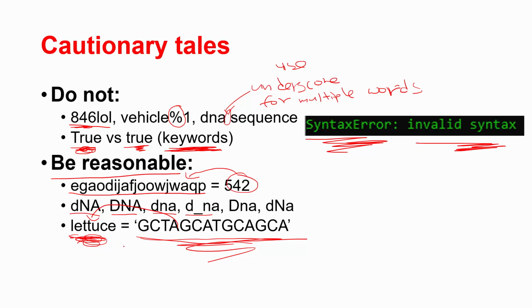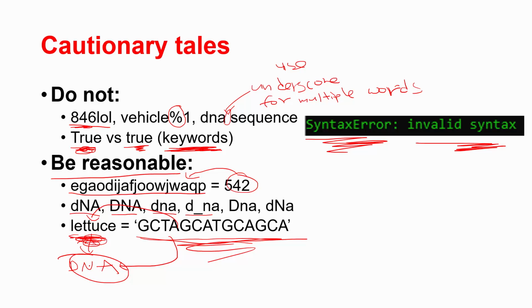And so this actually brings up another point. Variables by themselves have no meaning. What I mean by this is that I could have named a variable called DNA, and I could have put this into DNA instead. But that doesn't mean it gives any meaning behind this variable DNA.